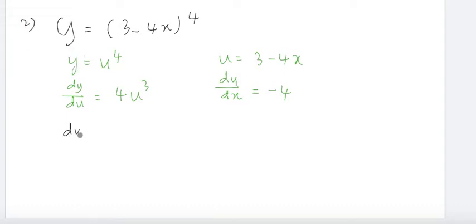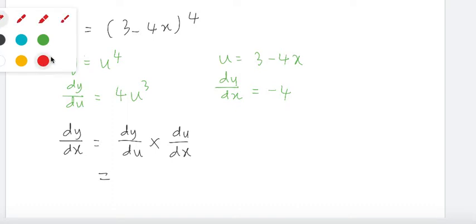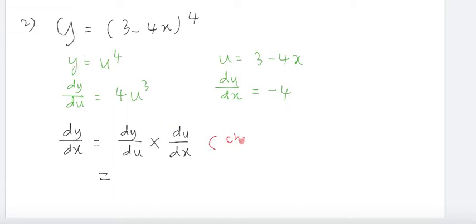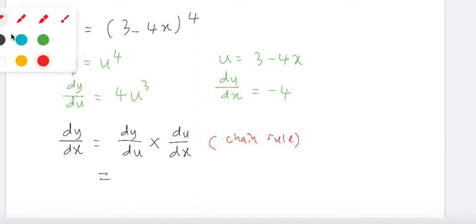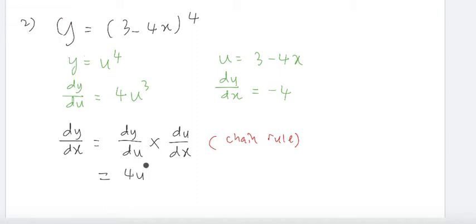Okay, dy/dx equals, use the chain rule, dy/du times du/dx. This one we call the chain rule. So dy/du is 4u cubed, du/dx is negative 4.